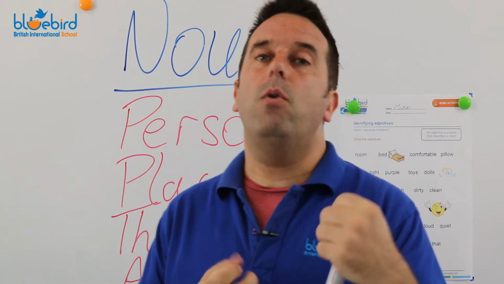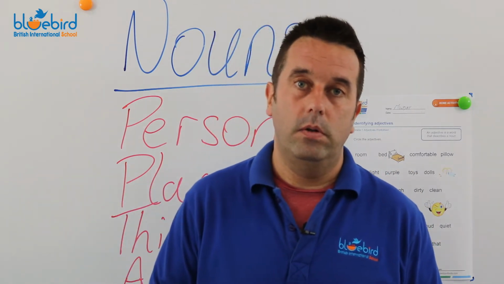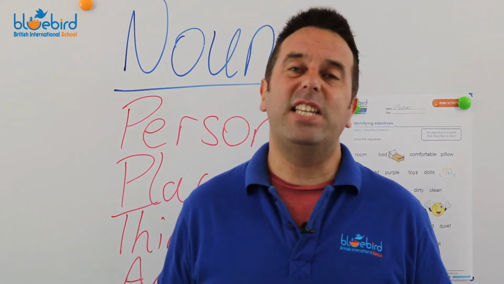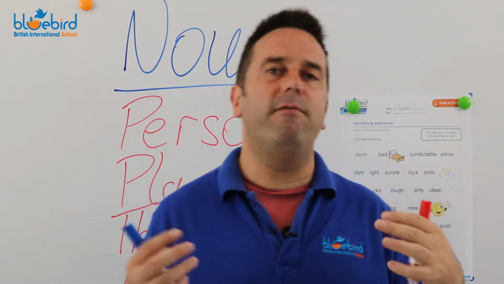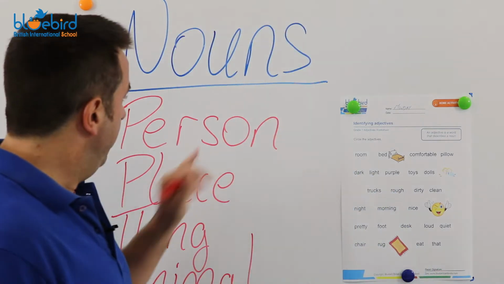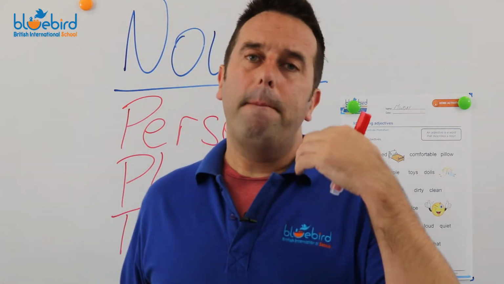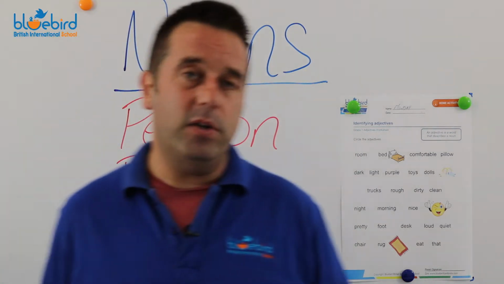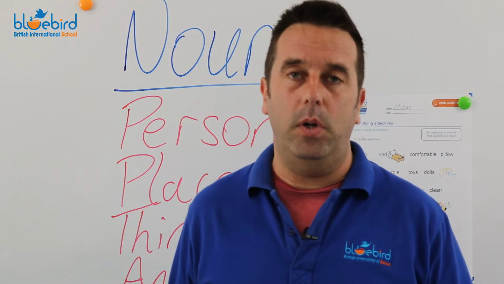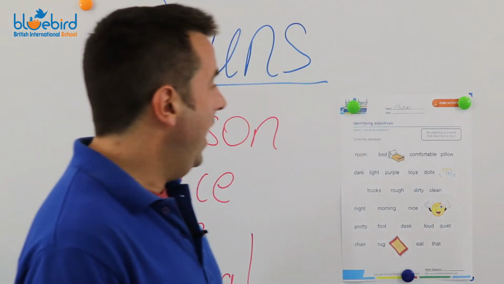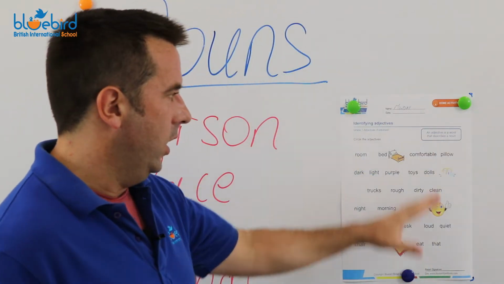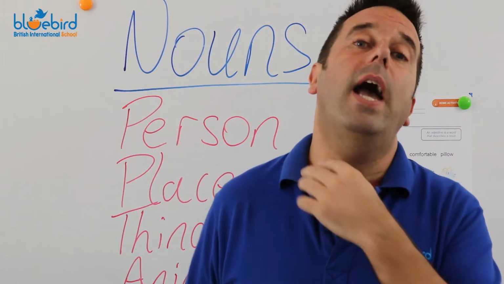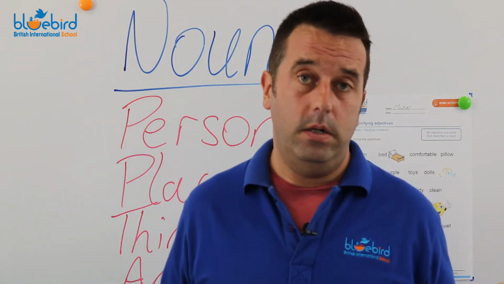If you have a noun in a sentence, quite possibly there's an adjective there that describes it, gives it more information about the person, more information about the place, more information about the thing, or more information about an animal. So we have Monday's worksheet here, and in a few of them we have certain things like bed.